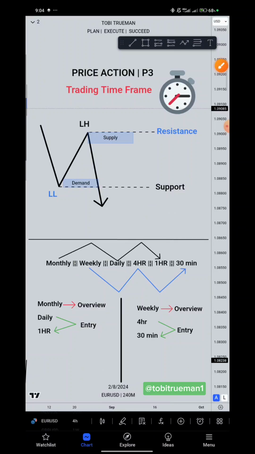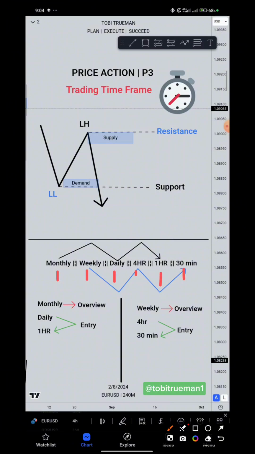But the majority of traders don't use 1 minute, 5 minutes, or even 15 minutes. So maybe anything from 1 hour upward is what the majority of those top traders use, according to statistics. That's not me. Now I'm going to be using this monthly, weekly, daily, 4 hour, 1 hour, 30 minutes.